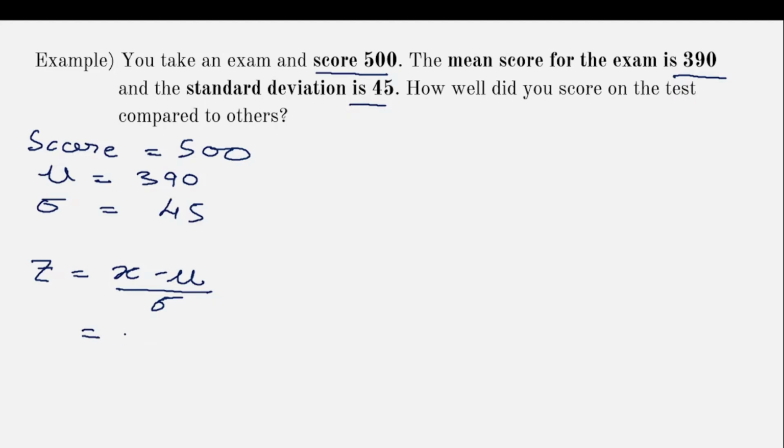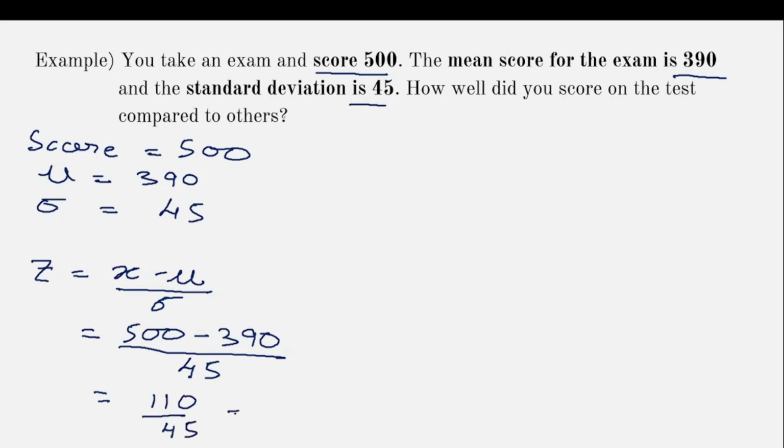In this case, it will become 500 minus 390 divided by 45, which is equal to 110 divided by 45, and I'll get my z-score as 2.44.